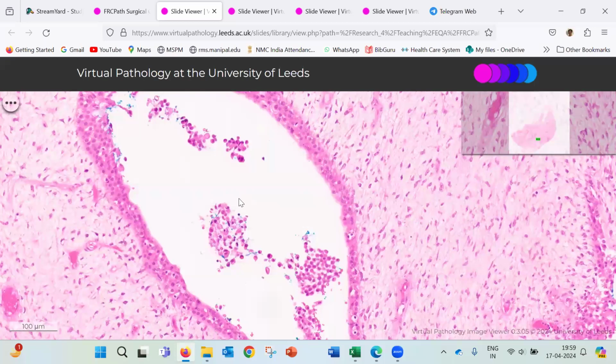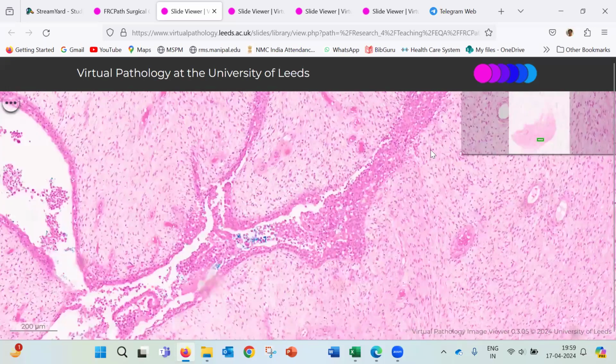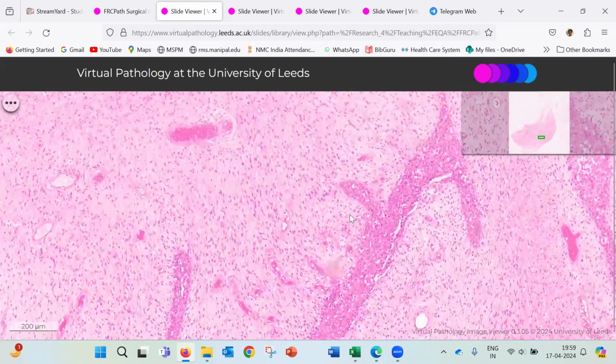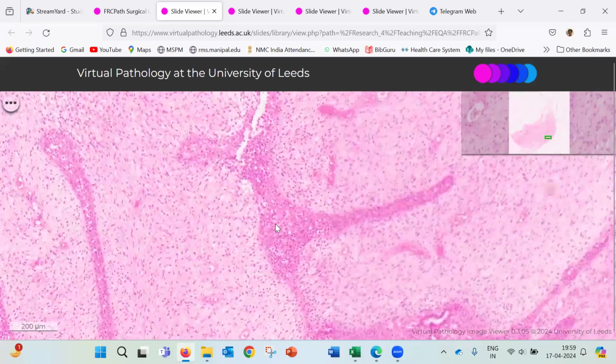So you can suggest that I see some hyperplasia, I will evaluate in further sectioning. So that's how you can approach the epithelial component.